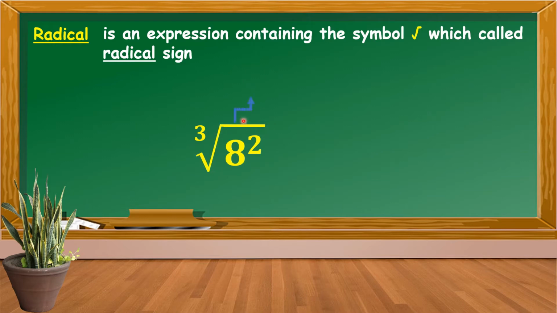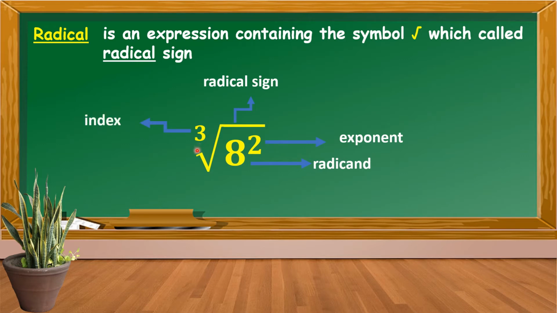This symbol is again called the radical sign. The 2 is called the exponent. The 8 is called the radicand. And the small number 3 is called the index. These are the parts of a radical expression.